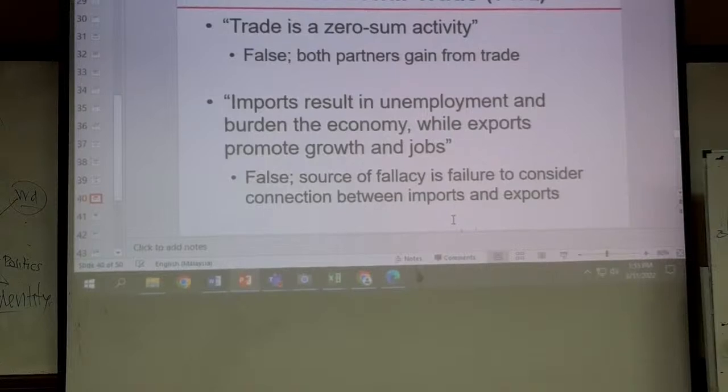This is before. This is after. Can you see? Country A, total is 10. Total is 10. Total is the same. You understand? This is a zero-sum game. Zero-sum.